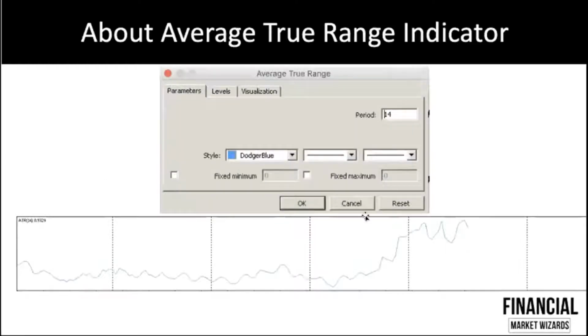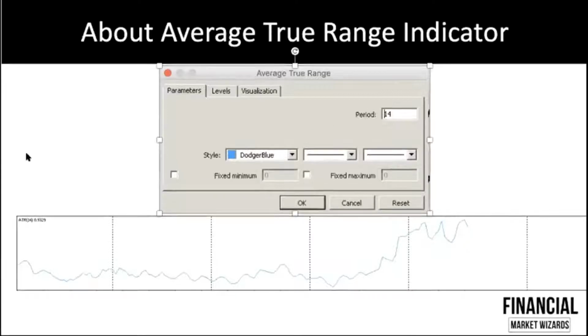So let's move on to how it looks. The average true range indicator is a rather common indicator. You can find it in MetaTrader and TradingView. Most brokerage platforms already have this pre-installed, so it's easy to find. This screenshot is from MetaTrader 4.